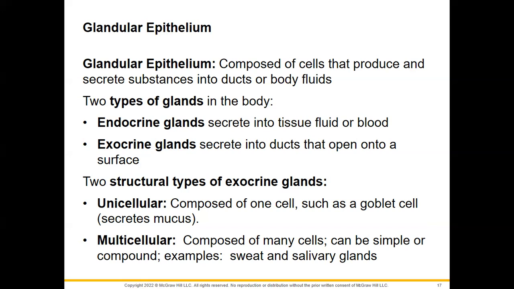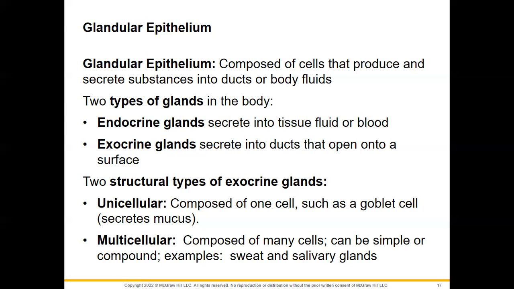Air conditioning ducts, they take that cool air that's produced by the air conditioner and then bring it into a room, whichever room you want it to go in. Exocrine glands are very similar. They will secrete their product directly to the relevant surface.